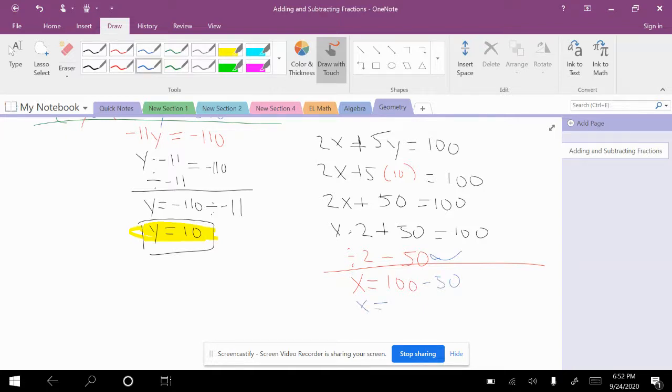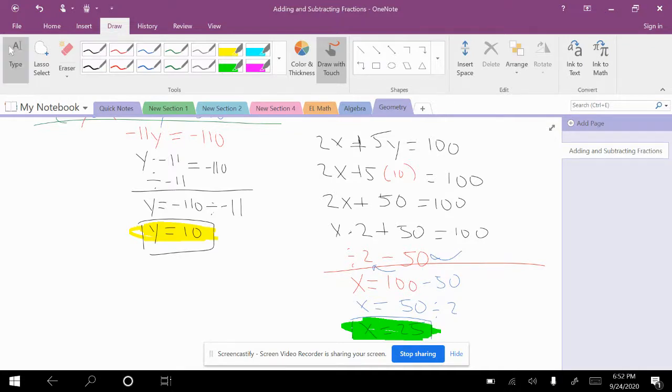So 100 minus 50 is 50. And then we do divide by 2. And when we divide 50 by 2, we get 25. So después de backtracking, tienes x igual a 25. This is our answer. So x equals 25 and y equals 10.